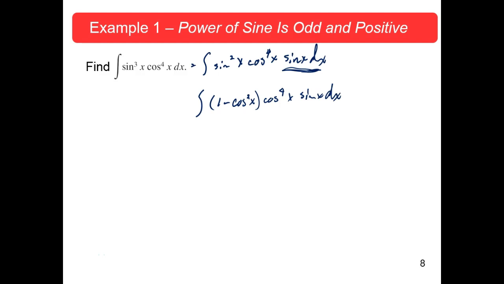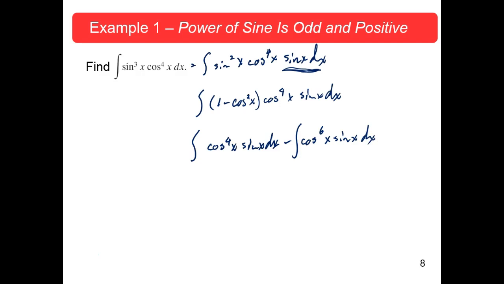Okay? Now, let's multiply through. This is the integral of cosine fourth x times sine x dx minus, I don't have to do it this way, but that's why I'm choosing to, integral of cosine sixth x times sine x dx.